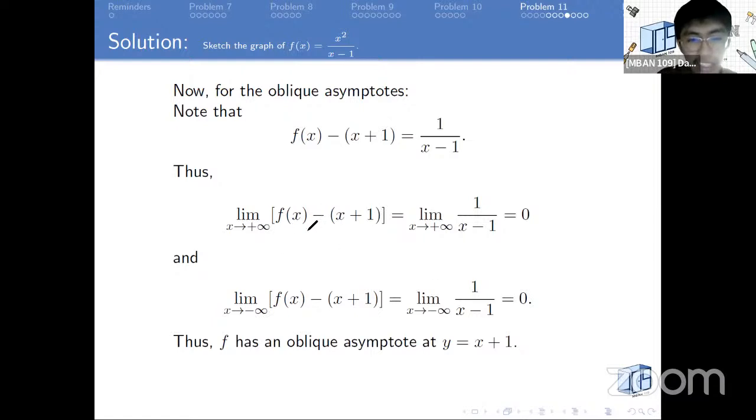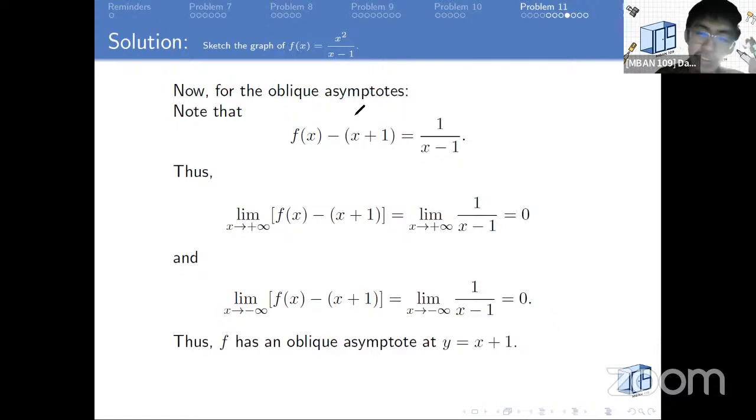Tapos, the limit of f of x minus the quantity x plus 1 as x approaches positive infinity equals the limit of 1 over x minus 1 as x approaches positive infinity, equals 0.